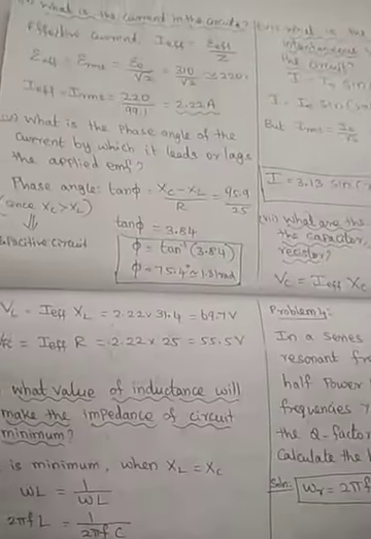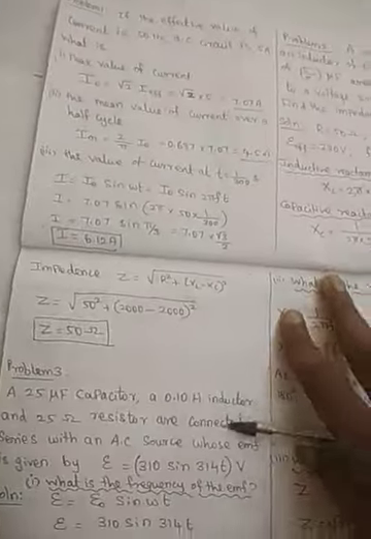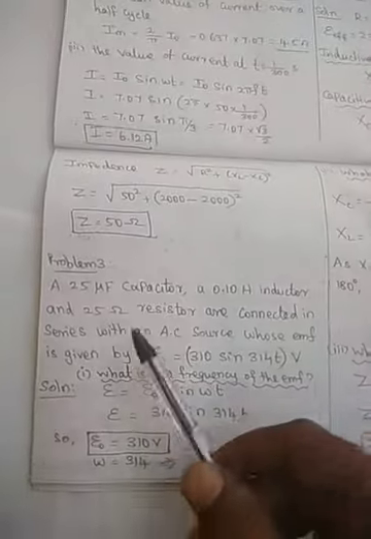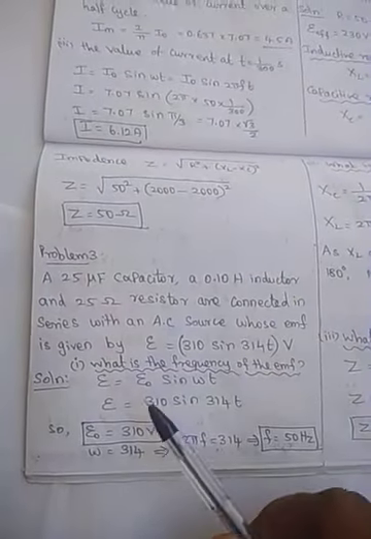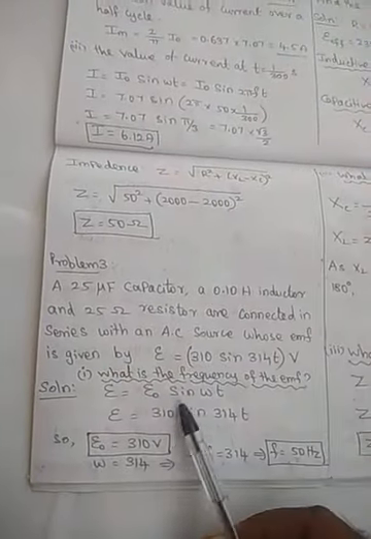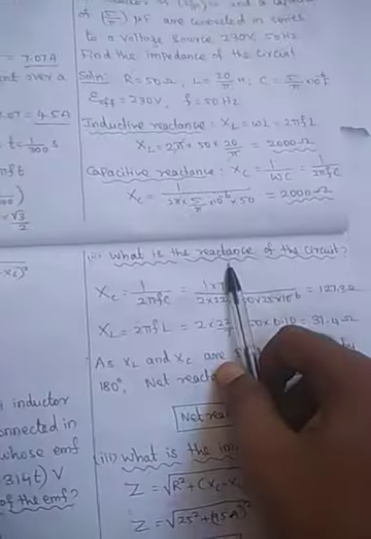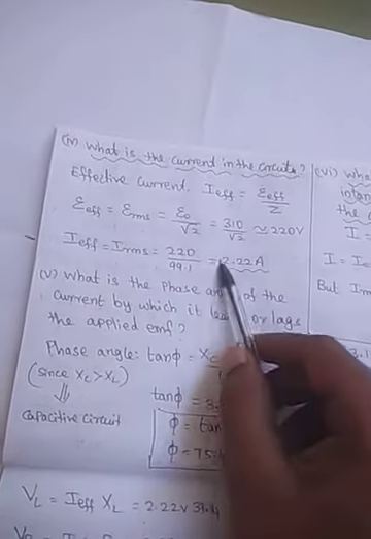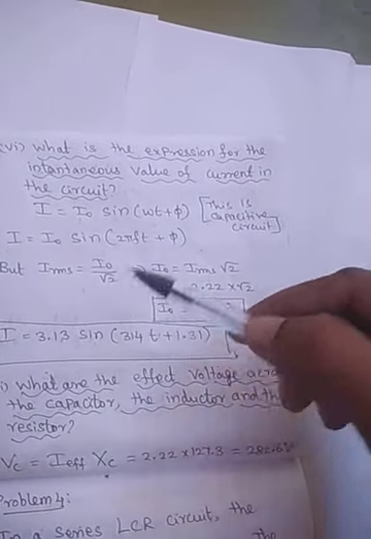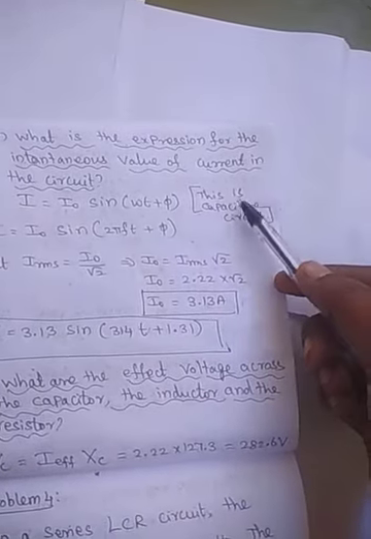So dear students, this question is a very big question. This third problem alone clearly explains all the problems based on the LCR circuit. They are asking what is the frequency, what is the reactance, what is the impedance in the circuit, and then what is the current in the circuit, the phase angle, then the instantaneous current equation. In the question they give the applied alternating voltage value.